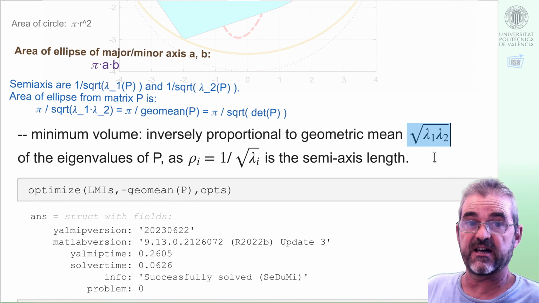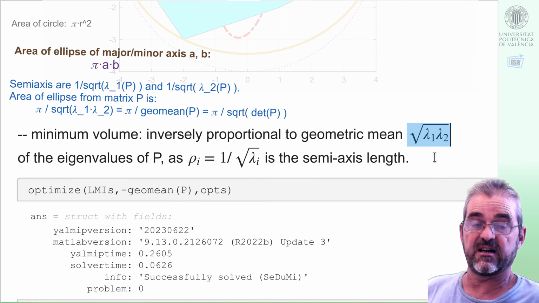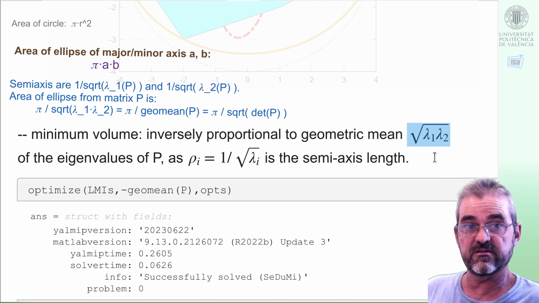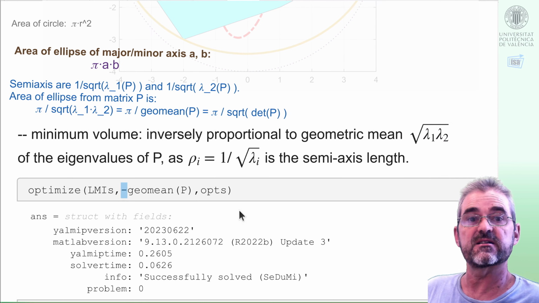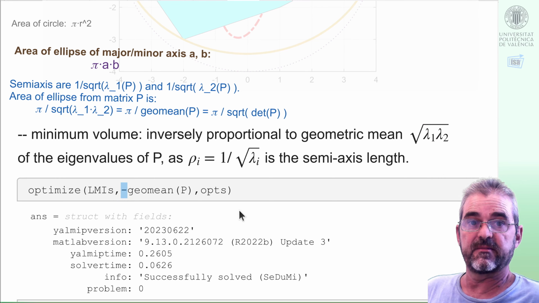And then, as the area indeed is proportional to the product of the half axis, but that half axis are exactly the square root of the eigenvalues of P inverted, then that means that this thing is inversely proportional to the area of the ellipse. So if we maximize it, then we are exactly minimizing the volume of the ellipsoid or the area in the 2D case.